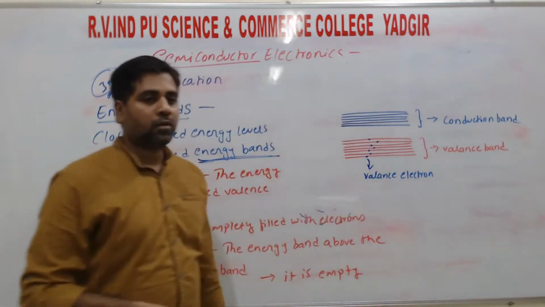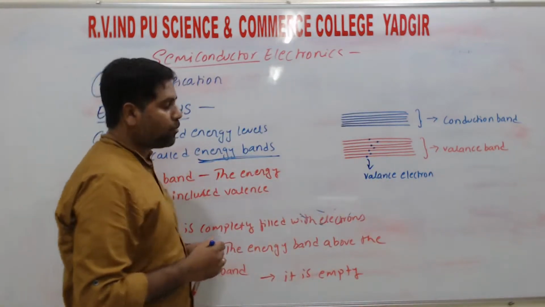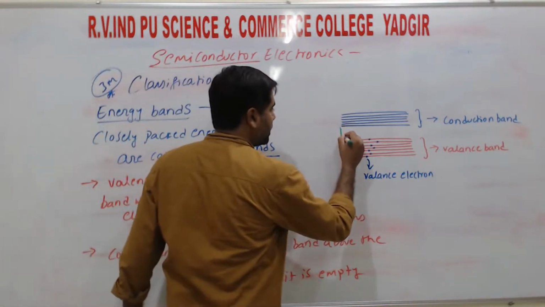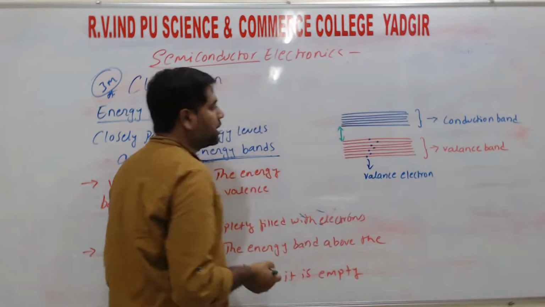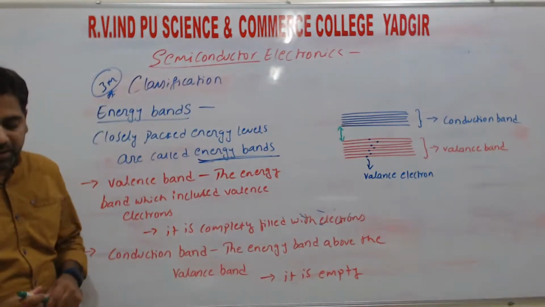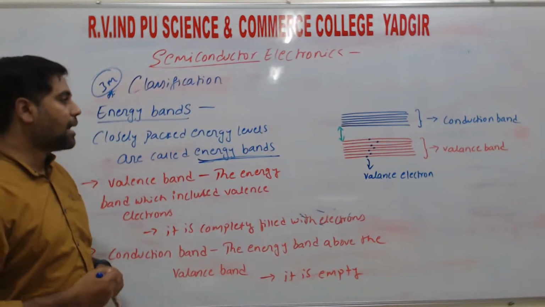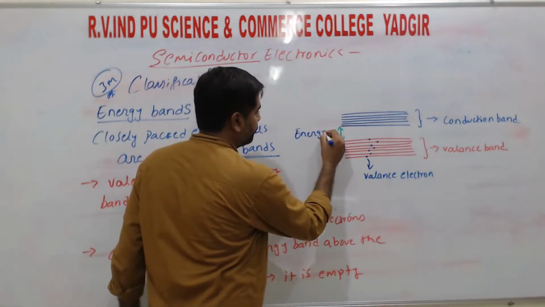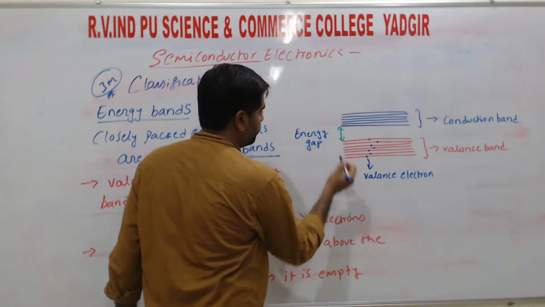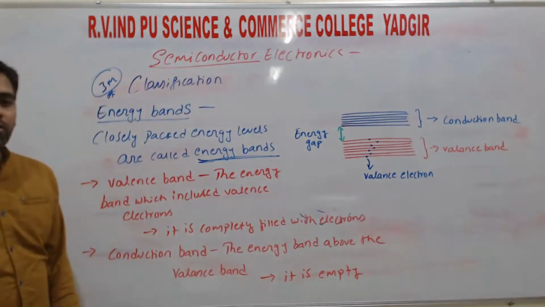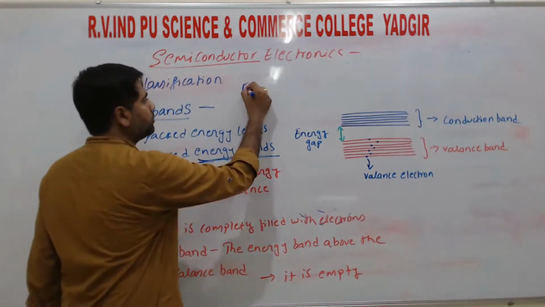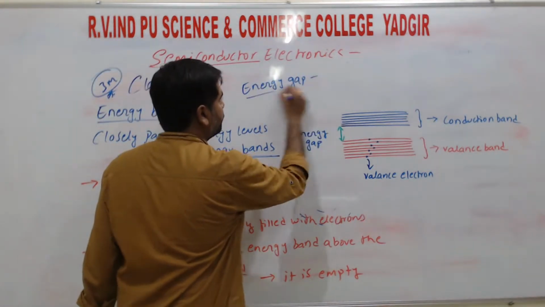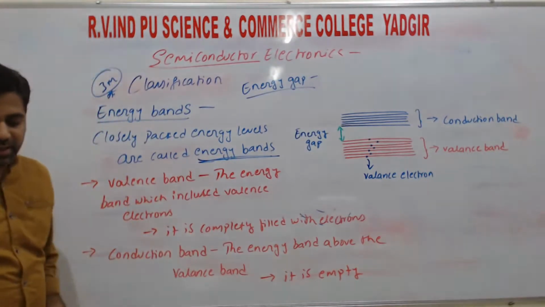Next, there will be a gap between the valence band and the conduction band, right? If you observe here, there is a gap between the valence band and the conduction band. That gap we call the energy gap. So what does energy gap mean?